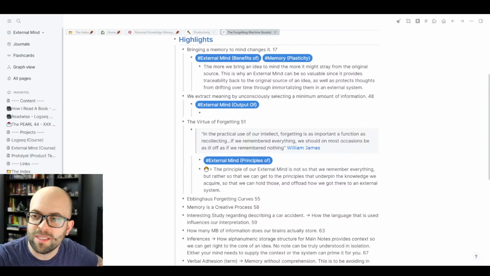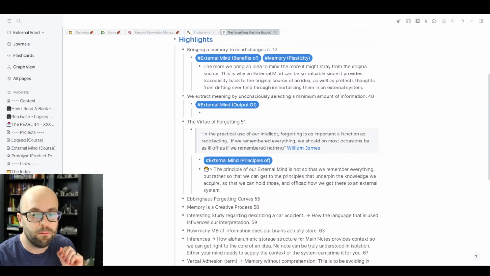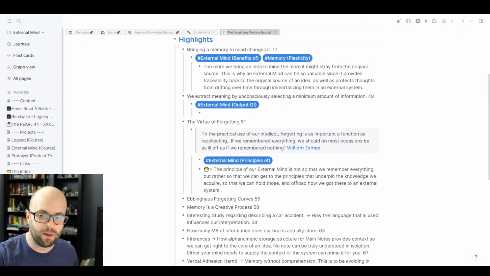Ed, what's the advantage of reading a printed book and taking notes on card rather than reading on Kindle and importing your highlights? So I currently do both. I've been experimenting with the Kindle. That's typically what I would read, but I've been experimenting with the physical book.